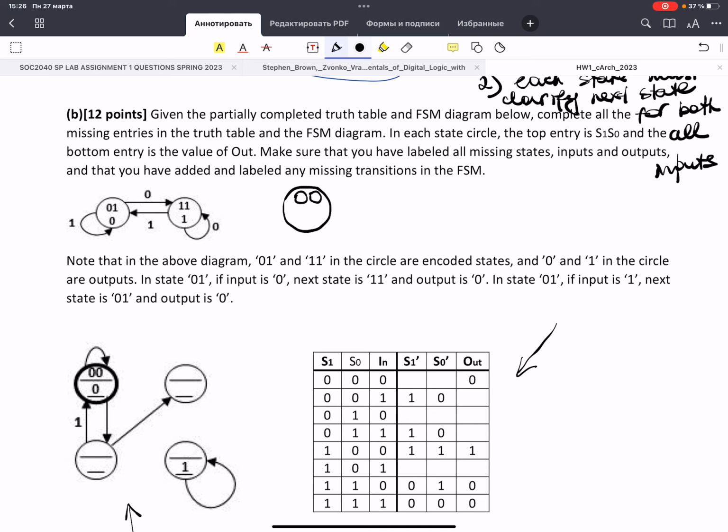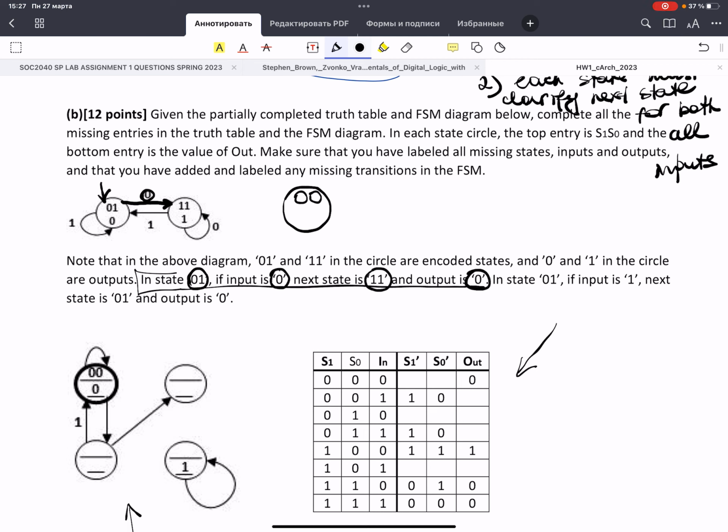For example, 0, 0 is a state. Let's read this line. If state is 0, 1, and if input is 0, this is the input, then next state is 1, 1, and output is 0.